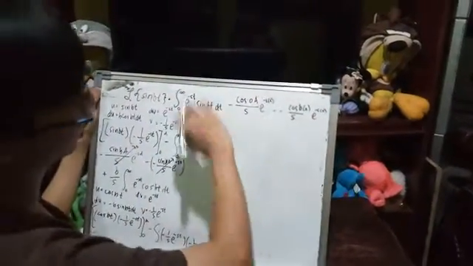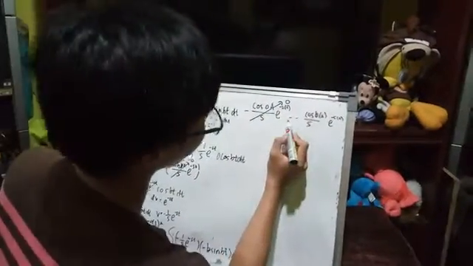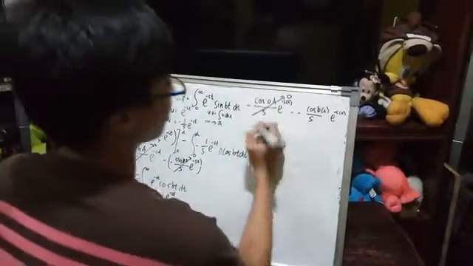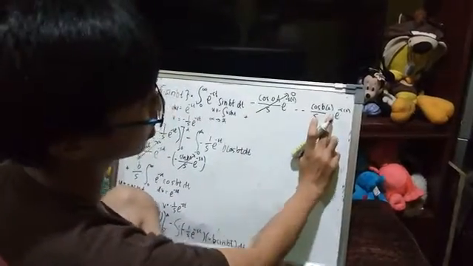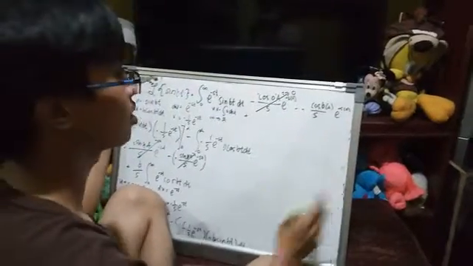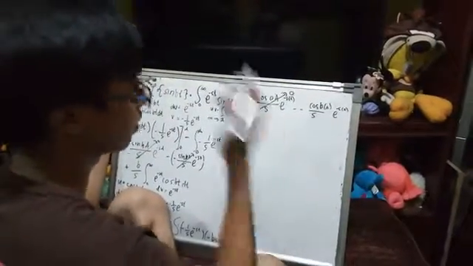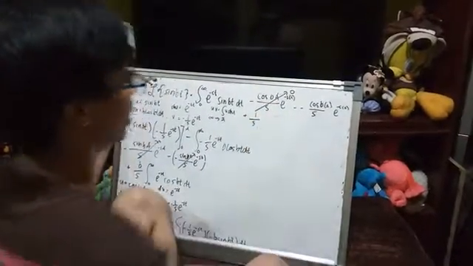We already know that the first part cancels out. Negative times negative becomes positive, and cosine 0 is equal to 1, and e raised to 0 is also equal to 1. So the remaining part is 1 over s.